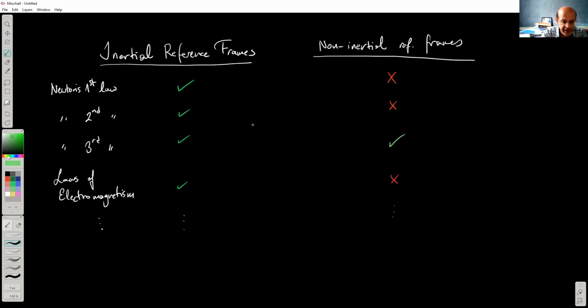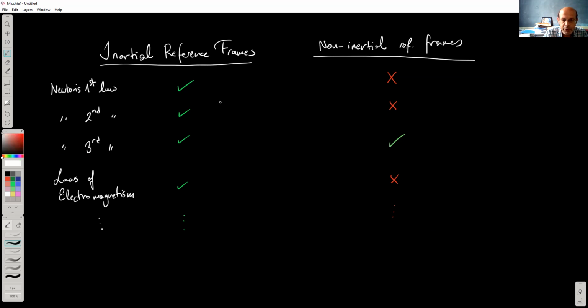But the essential idea in here is that we just assume the existence of these idealized reference frames called the inertial reference frames. Well, we just define them as the frames in which Newton's first law is valid, but in essence, all of the laws of physics, whatever they are, are valid in these inertial reference frames, okay?